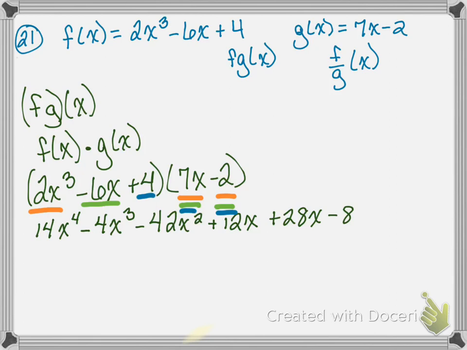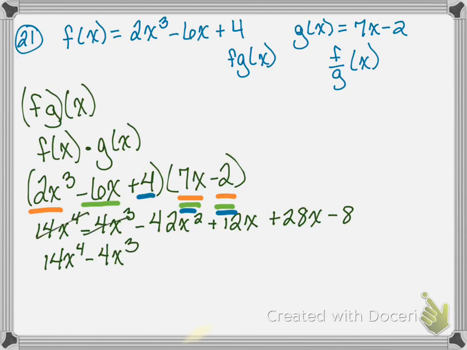So now I need to combine like terms. I do not have anything else to the fourth power, so my 14x to the fourth just stays as 14x to the fourth. Then I have x to the third, so I look to make sure I don't have any other x to the third, and I don't, so I'm left with negative 4x to the third.